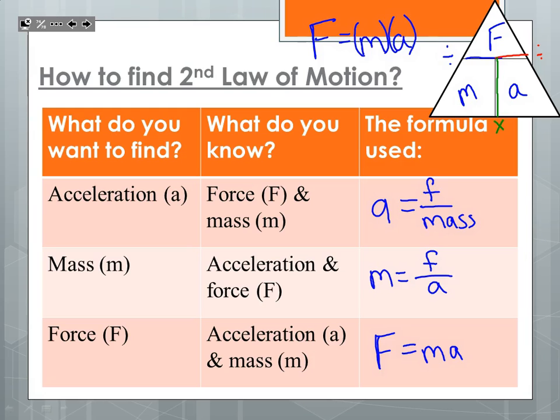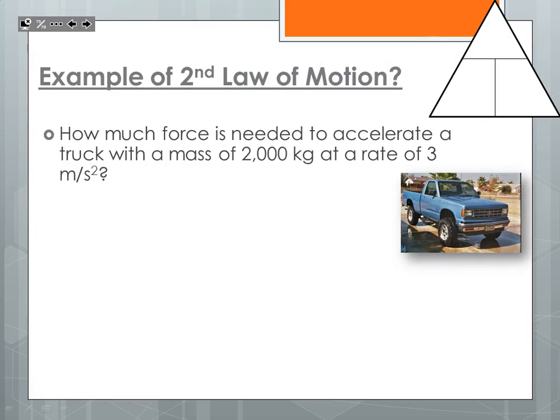So let's look at some examples. For the first one: how much force is needed to accelerate a truck with a mass of 2,000 kilograms at a rate of 3 meters per second squared? This little truck is actually the exact same truck that I had. I got it my junior year of high school and had it all the way until my third year of college.